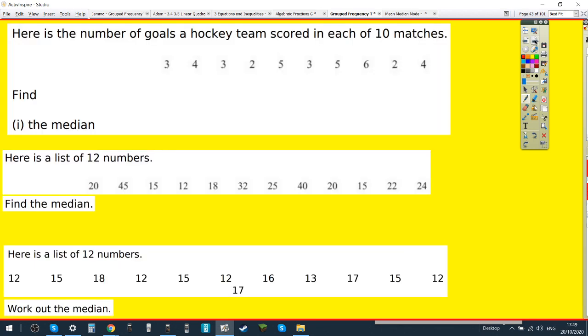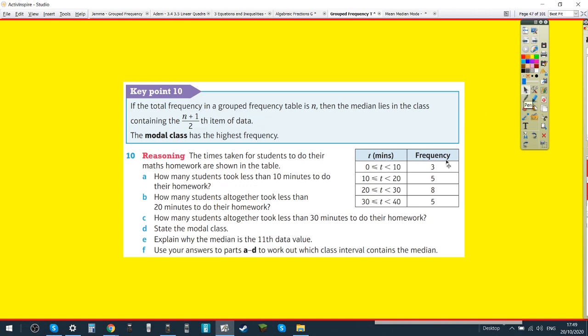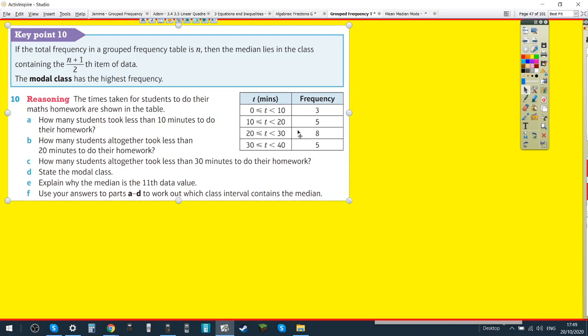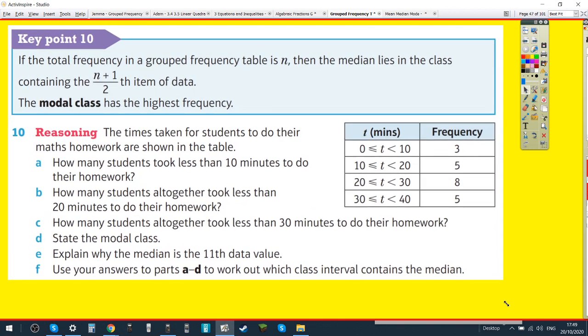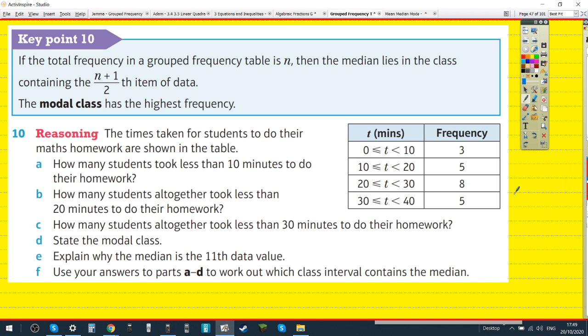I'll come back to these if I need to. Okay, this one. Let's try this. Question A. How many students took less than 10 minutes to do their homework? 3. Yep. Next one.